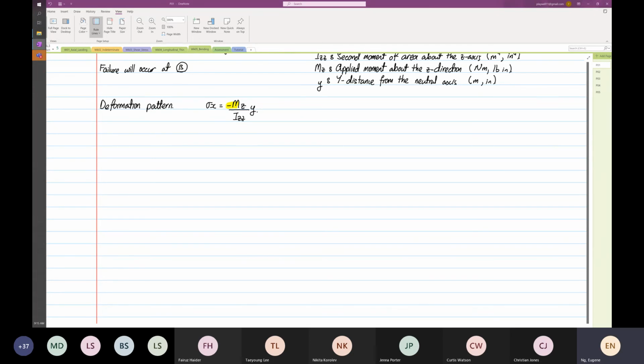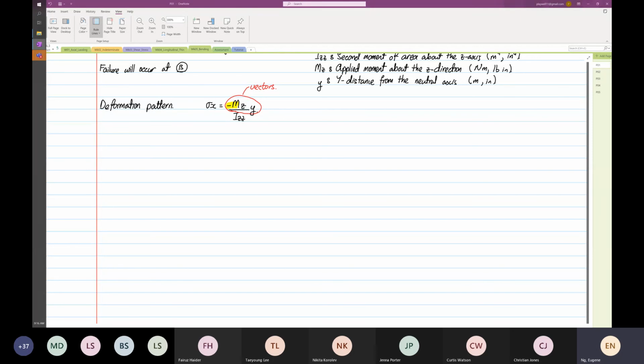Okay, these two, I'm going to circle in a different color. They are vectors. They have directions, not only magnitude. So moment about z has direction, y distance also has direction. Also they are vectors. They have positive and negative.